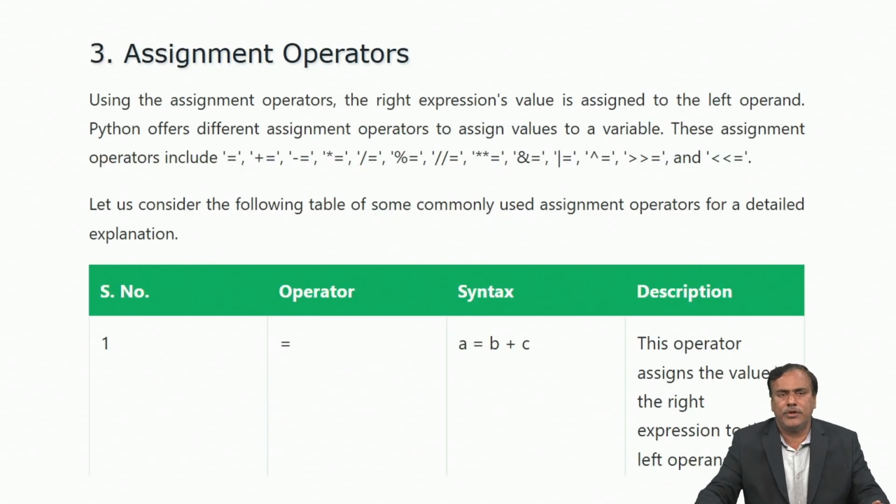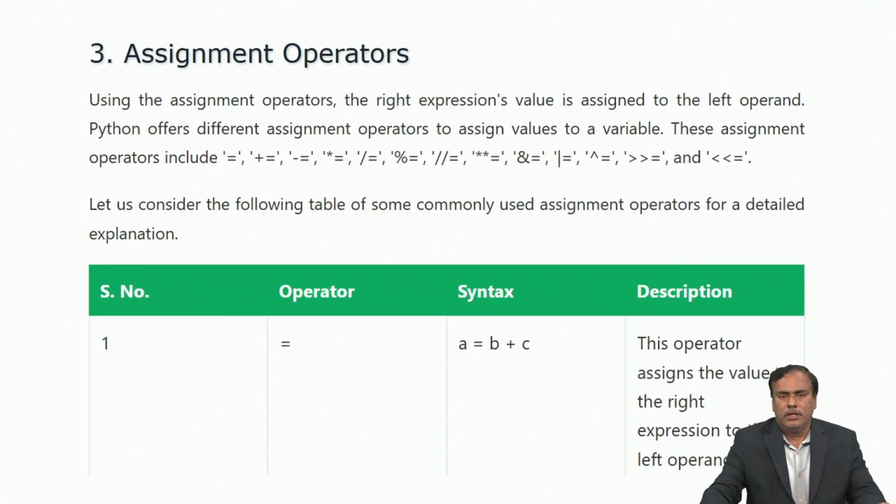Next we are discussing the assignment operator. You can use this assignment operator in combination with arithmetic operators. We have already discussed the various arithmetic operators in Python, that is addition, subtraction, multiplication and division.